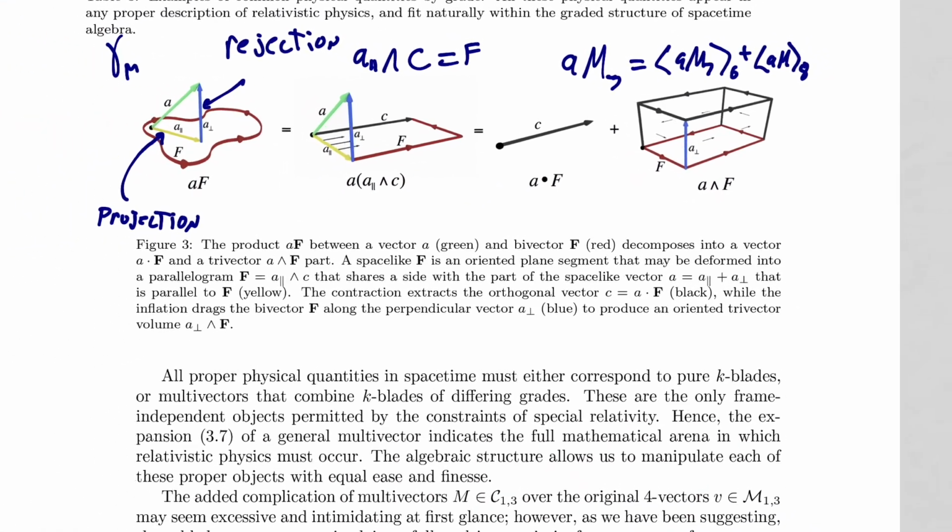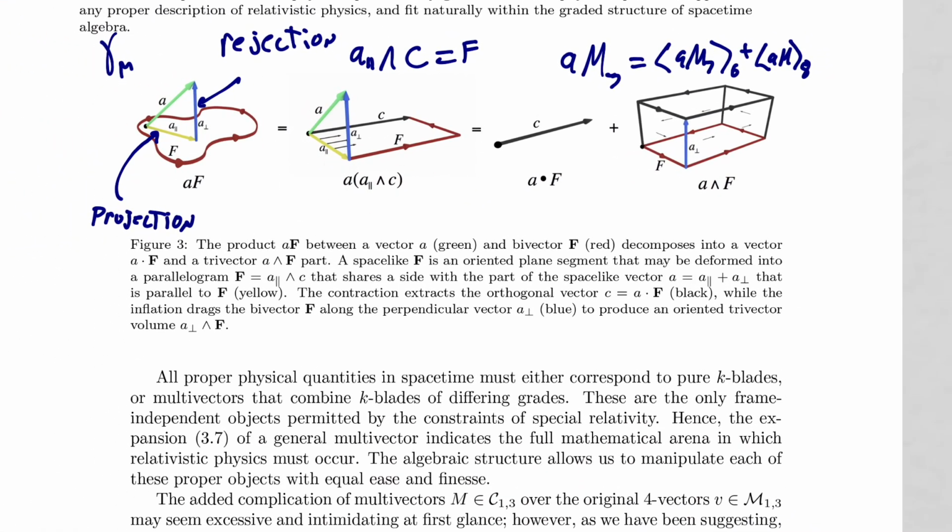So that's really a nice way of looking at the picture. I don't think I need to read this caption except for one thing. They always say a space-like F is in an oriented plane, and they talk about the space-like vector.